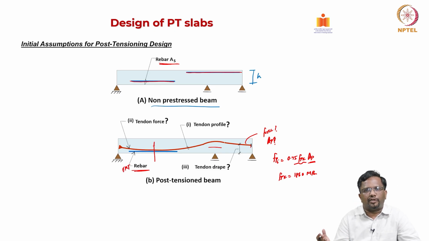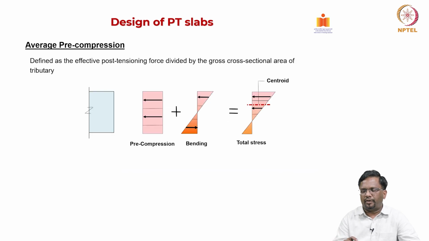Strength I can achieve that way, but the pre-stressing cable and its layout come only from the serviceability design point of view, to make sure you have adequate pre-stressing to tackle the deflection and to make sure the element is not cracked under service stage. So, we have done that.